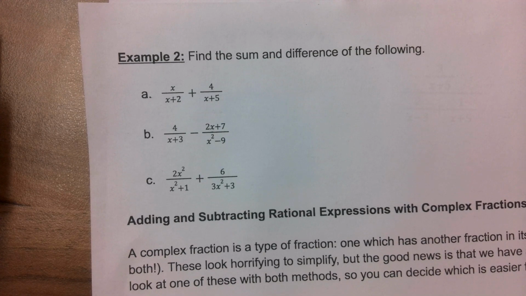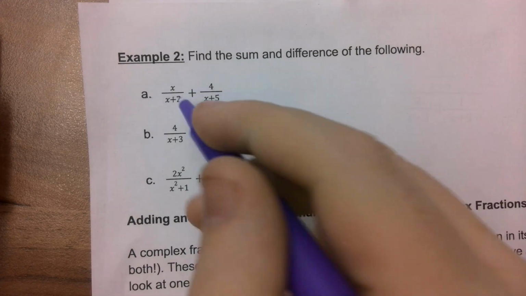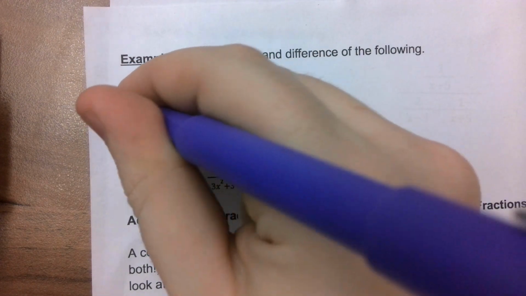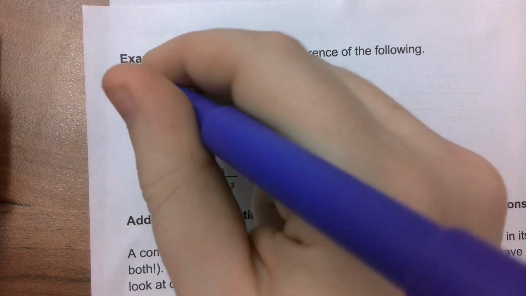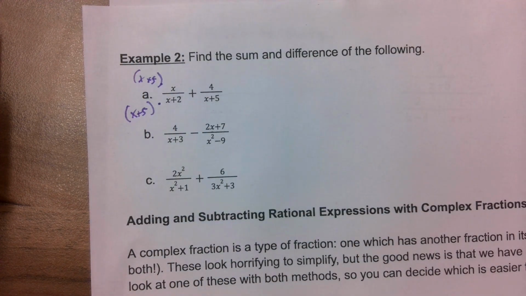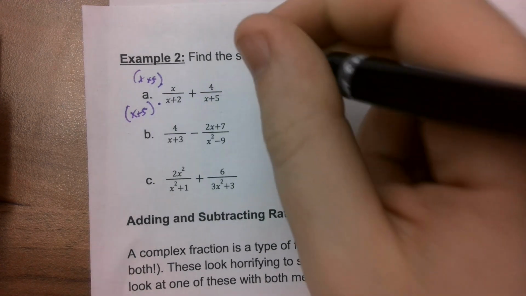We ask, what's missing from the first one? Well, in the first one, we're missing an x plus 5. So we should multiply by x plus 5 on the bottom and on the top. Okay, what are we missing in the second one? Well, in the second one, we're missing an x plus 2.